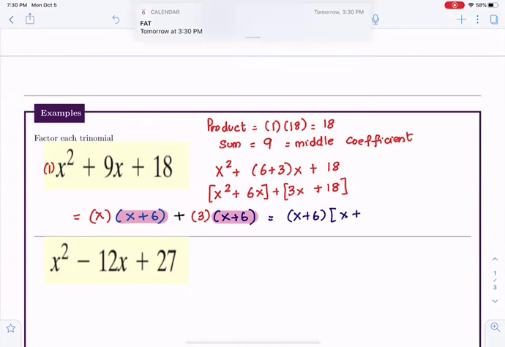If I pull x plus 6 out of the second term, I would have 3. So x plus 6 times x plus 3 would be the factored version. You could always FOIL this, and if you FOIL this, you will get x squared plus 9x plus 18.